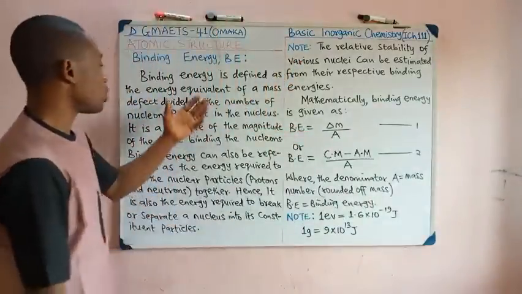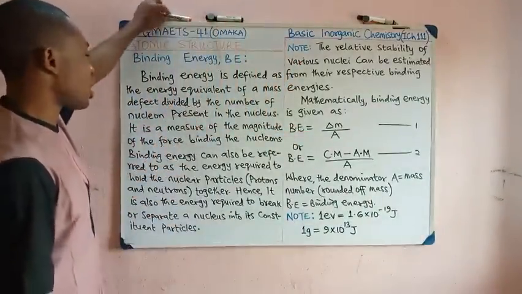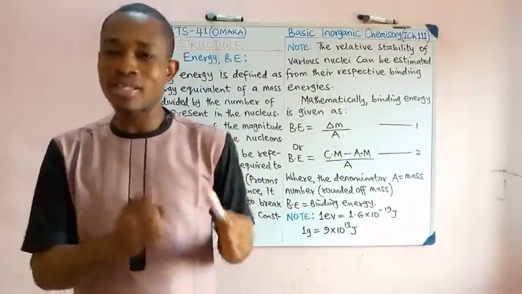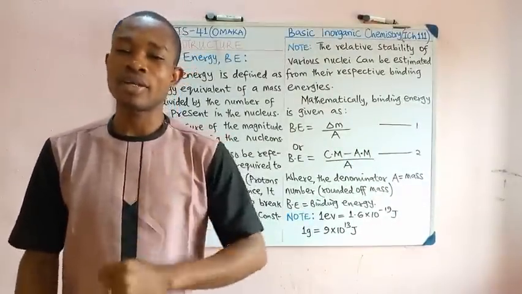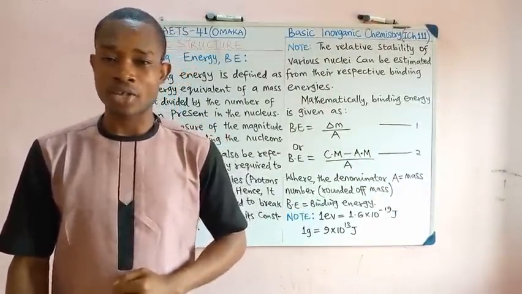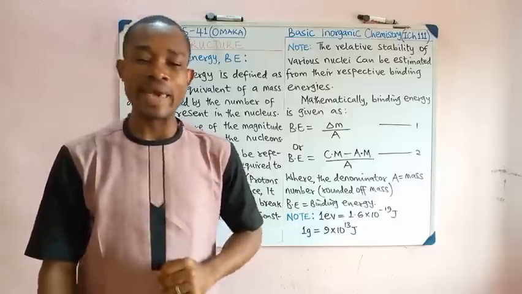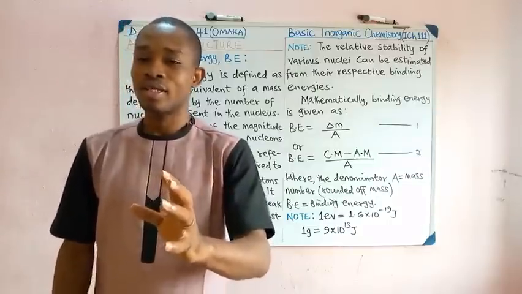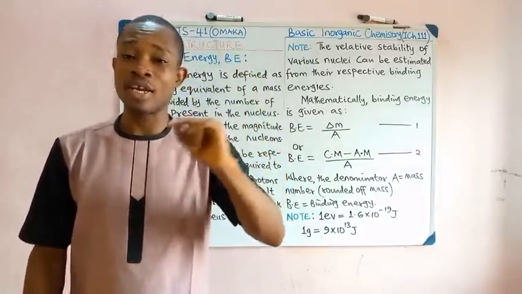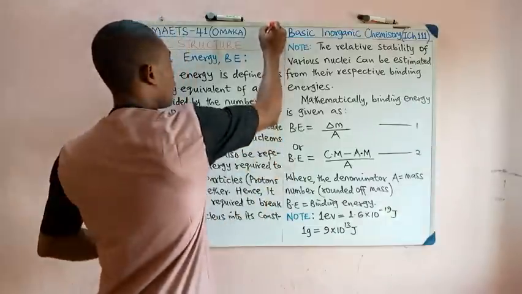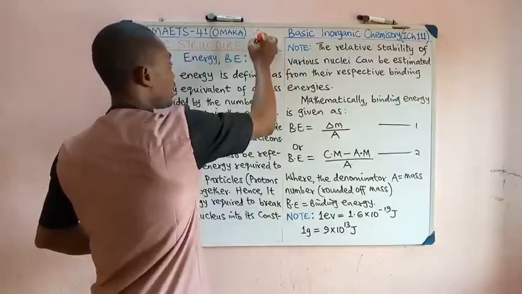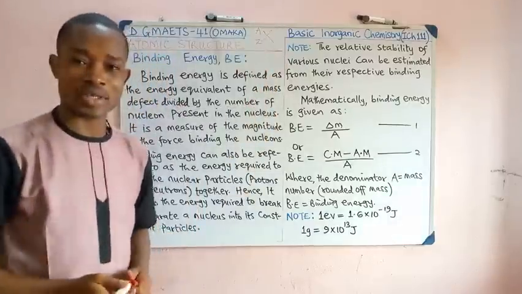By definition on the board here, we have binding energy as the energy equivalent of a mass defect divided by the mass number of that atom. The mass number in this case is the same as the rounded off mass, that we use capital letter A to represent. You would recall when we represented an atom with X, we had capital letter A like this, we had Z this way. Is that okay?